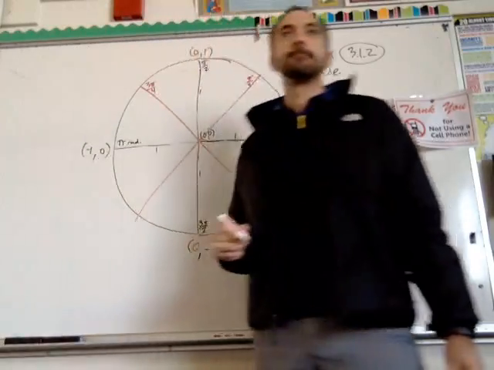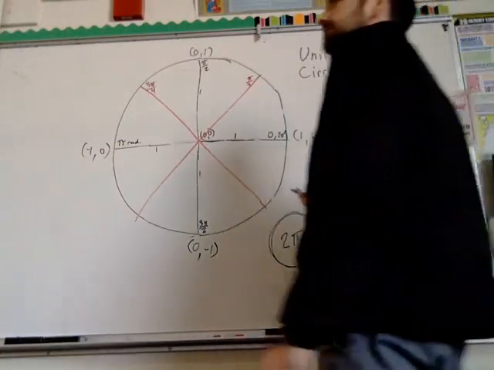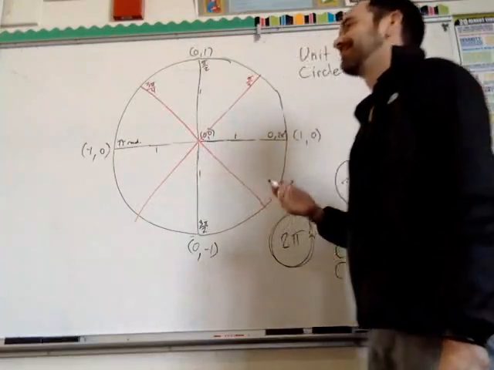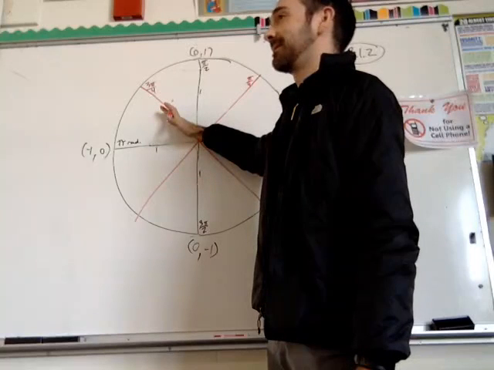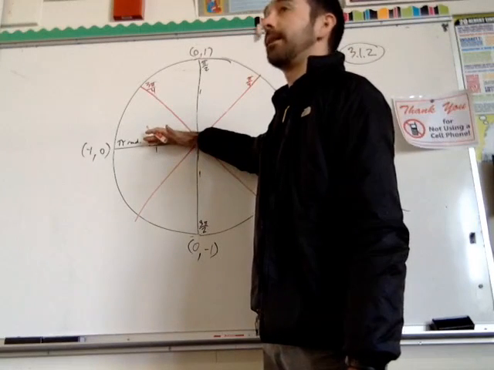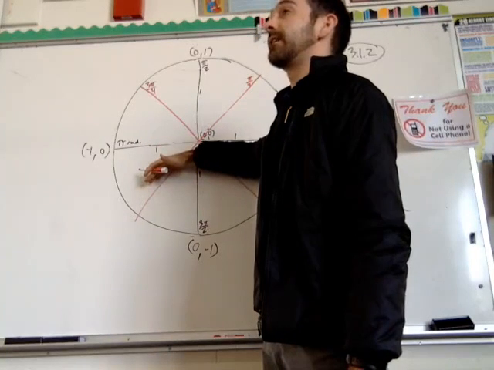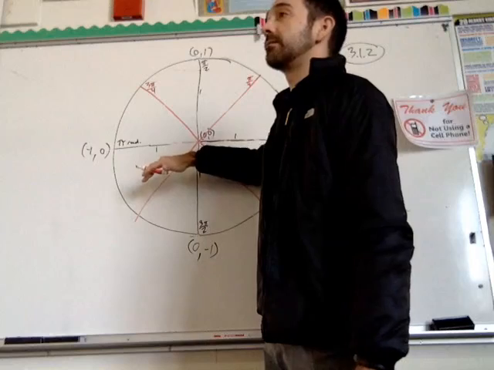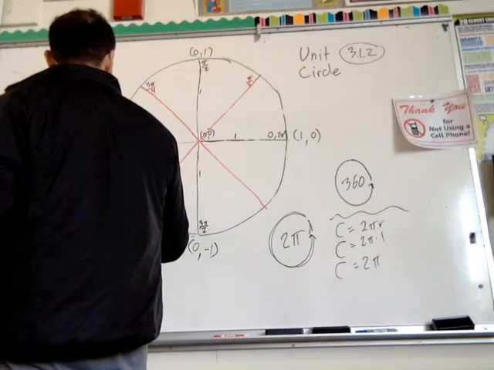Okay. Building, building, building. 3 pi over 4, 3/4, $1, 1 pi. If you have $1 and you add a quarter to that, how many quarters would you have? 5 quarters. 5 pi over 4.